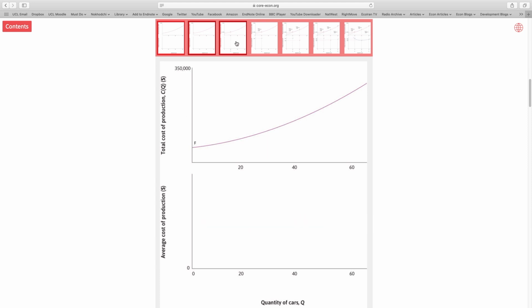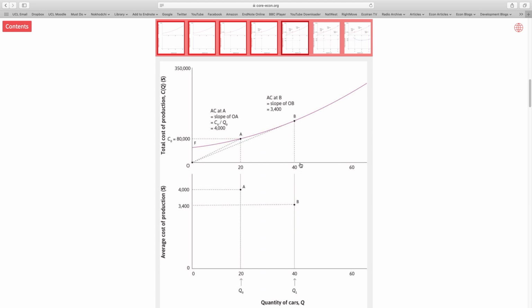For instance, if our company decides to produce 20 cars, the total cost, which is $80,000, divided by 20, will get $4,000, the average cost of producing a car. If our company decides to increase its production further from 20 to 40 cars per day, then the average cost declines from $4,000 to $3,400.